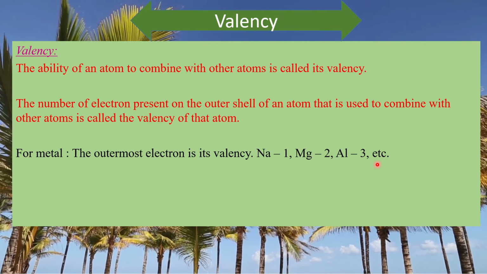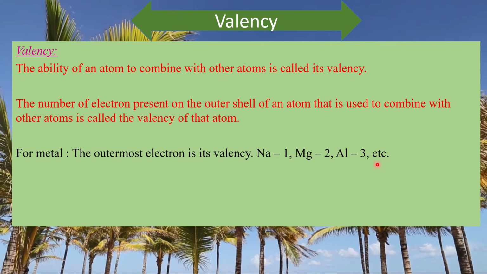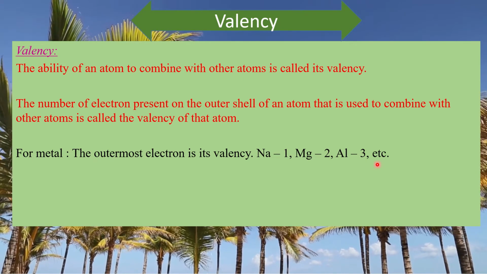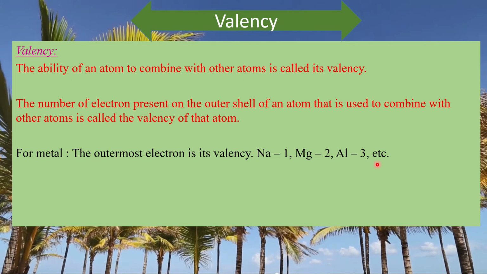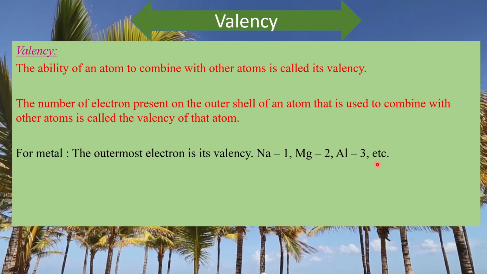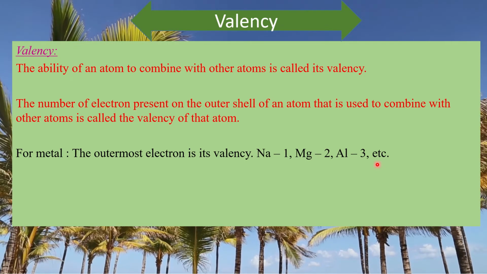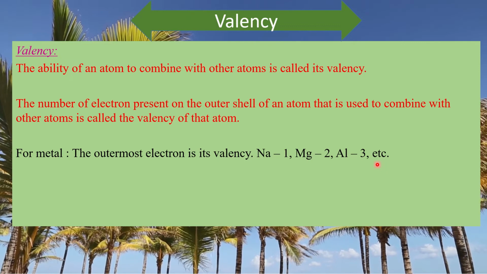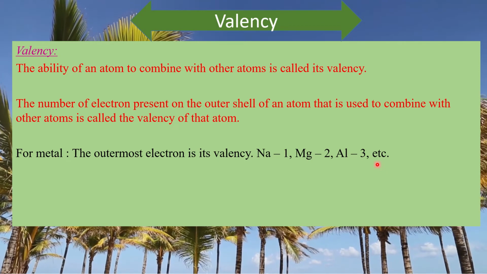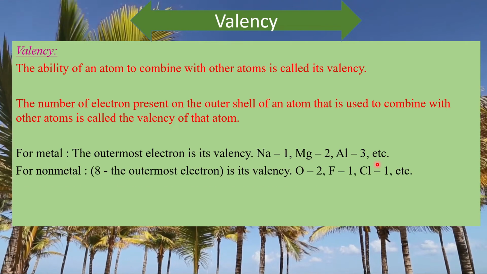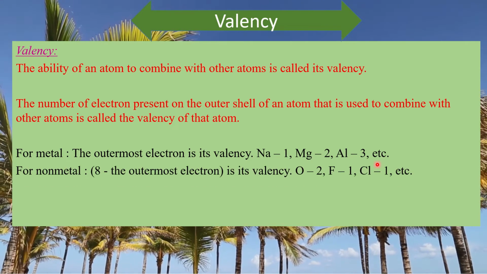For example, sodium has 1 electron on the outermost shell, so its valency is 1. Magnesium has 2 electrons, so its valency is 2. In this way, aluminium, it has 3 electrons, so its valency is 3. But for non-metal, valency can be calculated from the outermost electron, but it will be 8 minus the outermost electron.